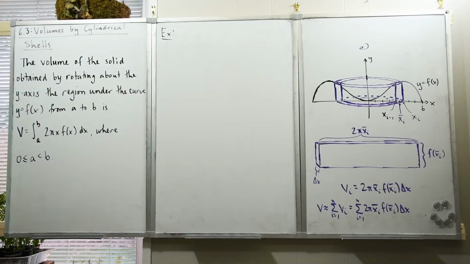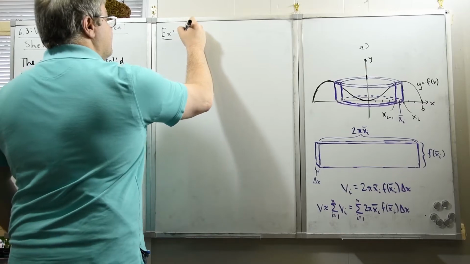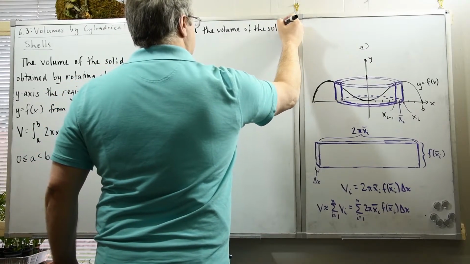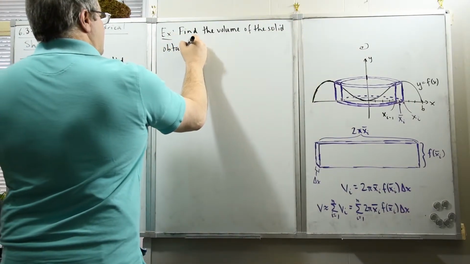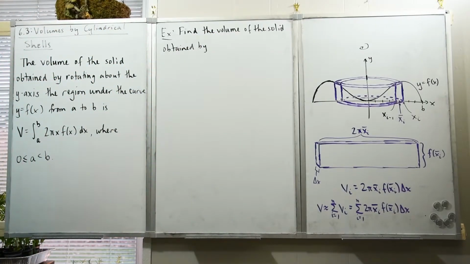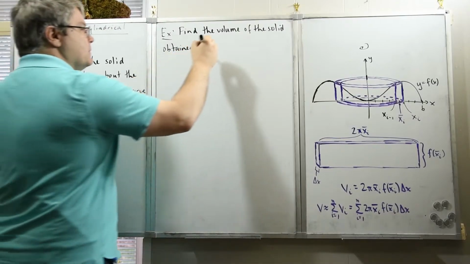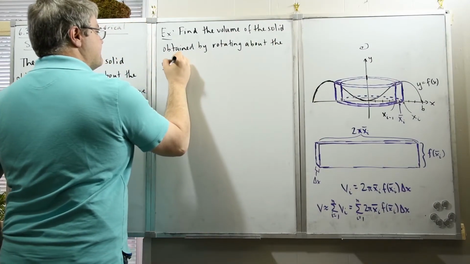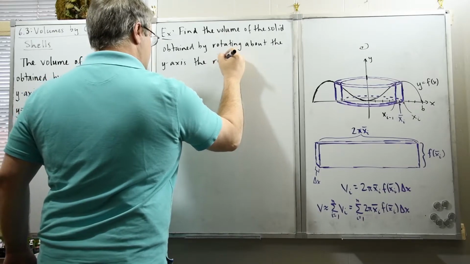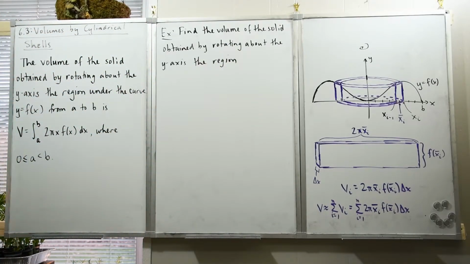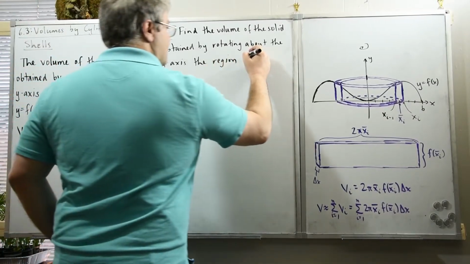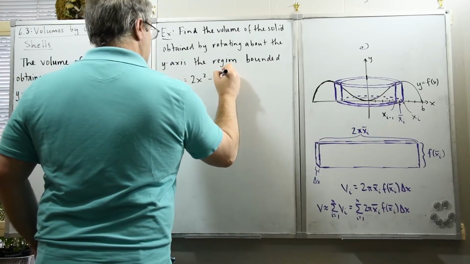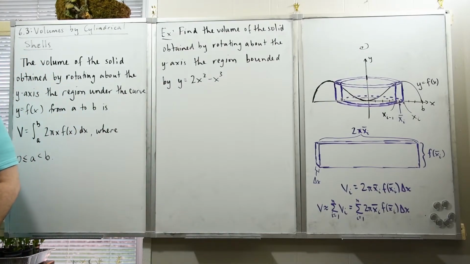For this example, we're going to find the volume of the solid obtained by rotating about the y-axis the region bounded by y equals 2x squared minus x cubed, and y equals 0.